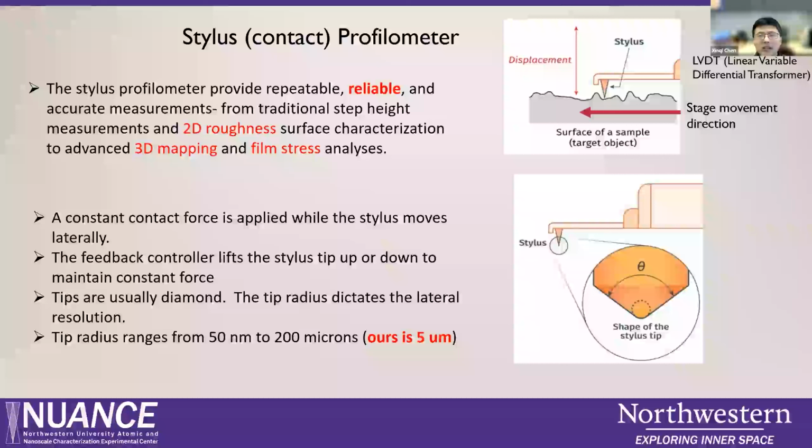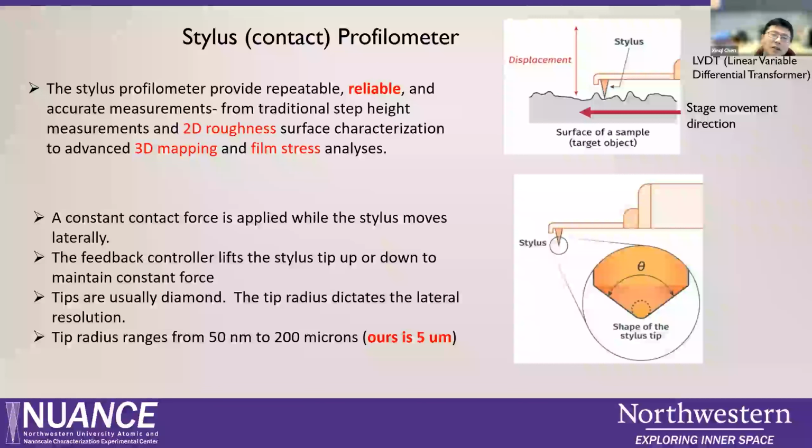What sensor do we use? Later I'll talk about it. For AFM we use a laser, and for optical microscope we use light. For this one we use a tip, but the sensor does not use a laser. It uses a sensor called LVDT, the linear variable differential transformer.